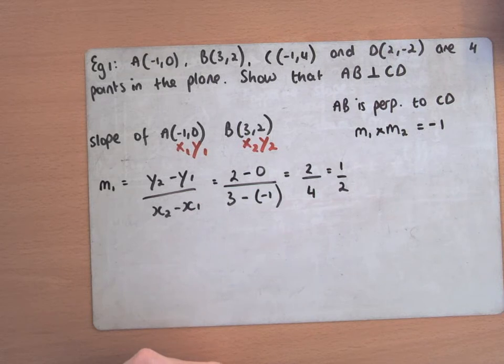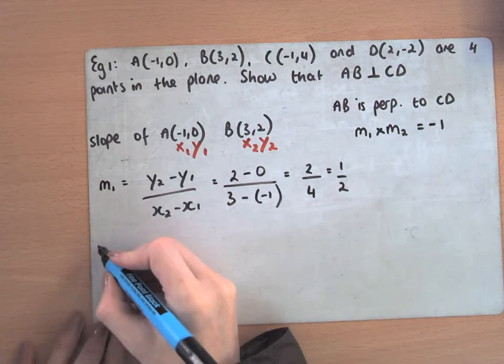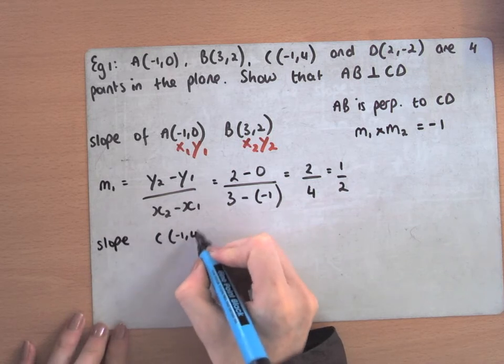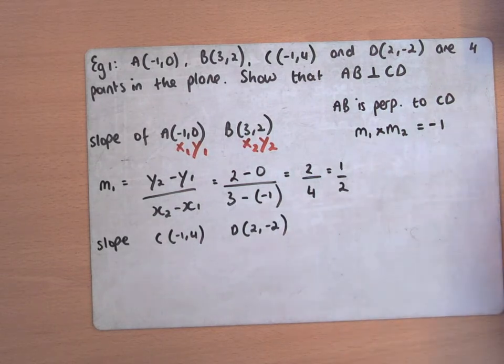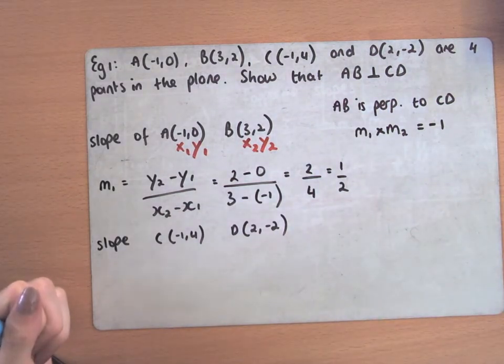Are you okay with that? Now what do I have to do? Get the slope of C and D, exactly. And to get the slope, exact same thing. Label.